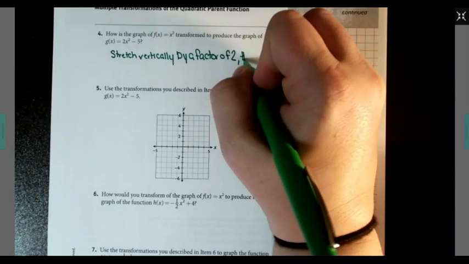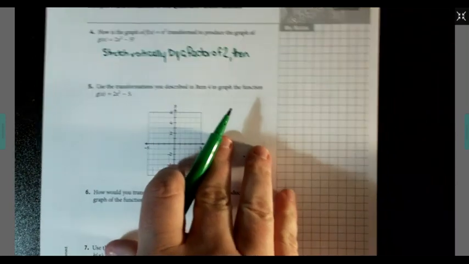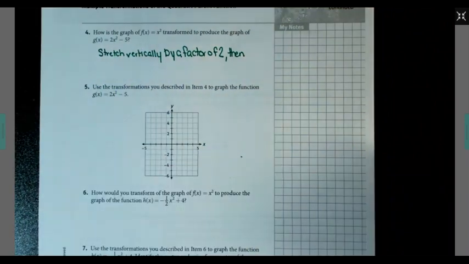Then we subtract 5. Now notice that 5's location is not in parentheses. So what this does is this translates the graph down 5 units.